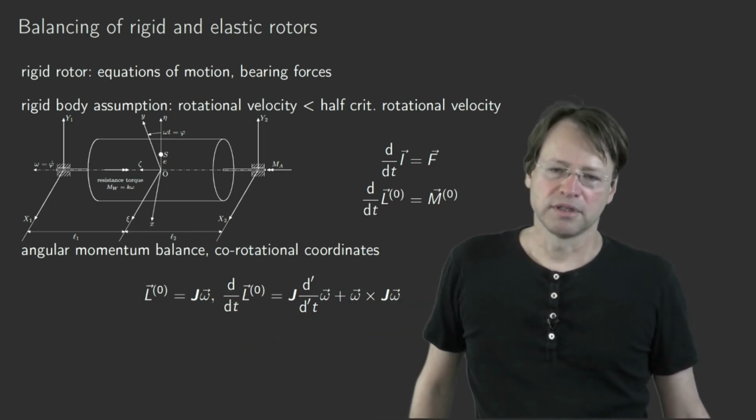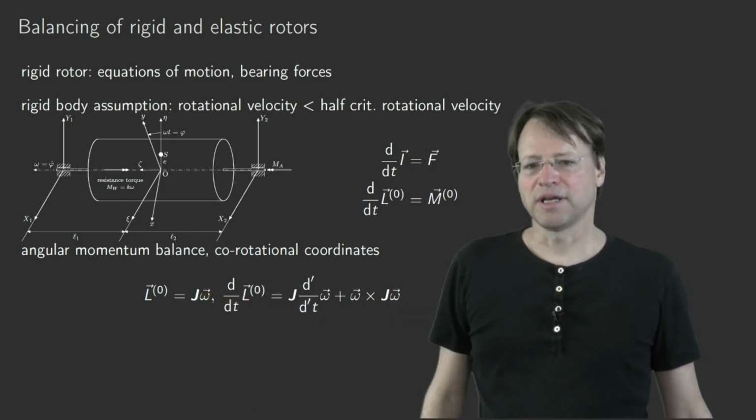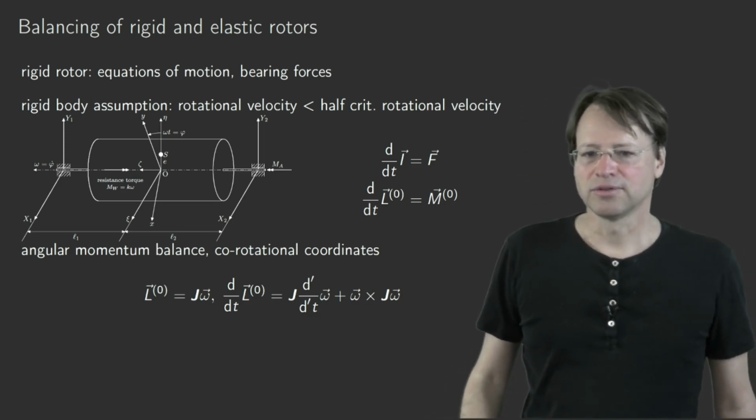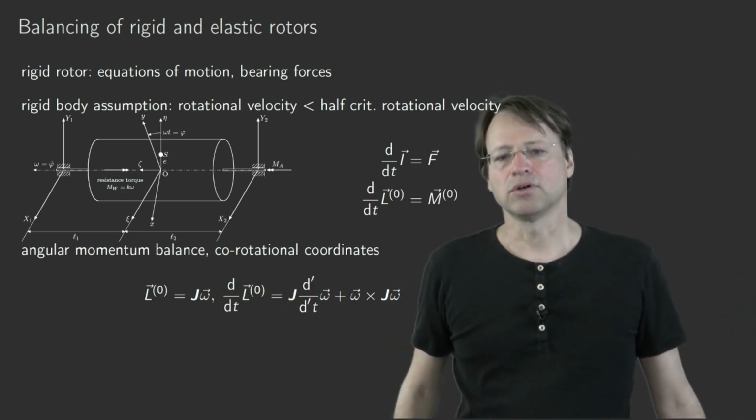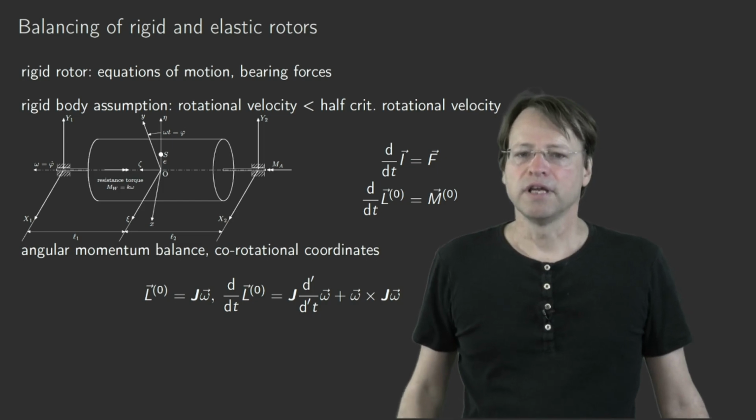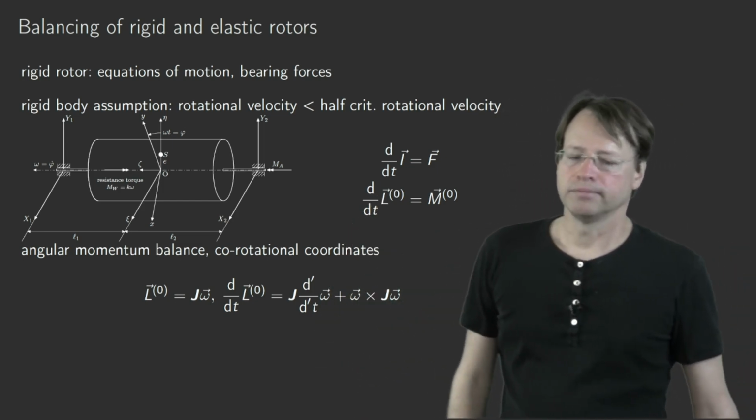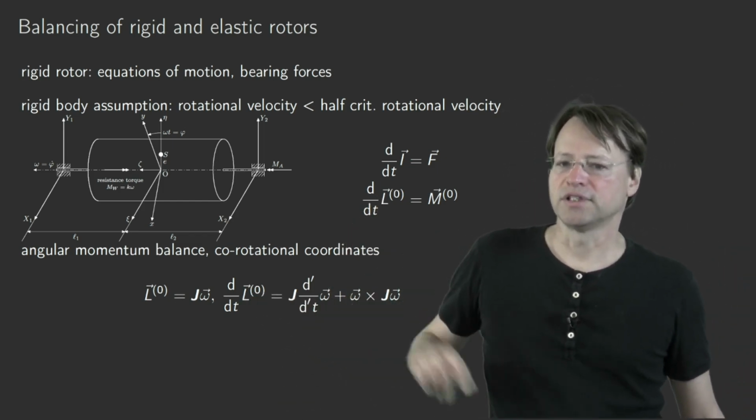So it's not a simple scalar coefficient, unfortunately, that makes rotational motion so difficult to describe, but it's a second order tensor here.